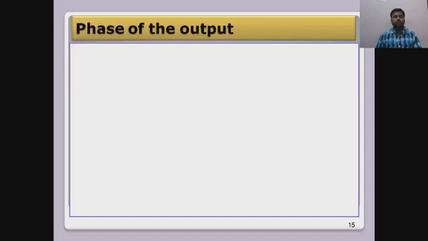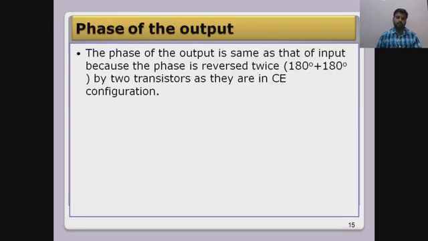Now what is the phase of the output of this two stage RC coupled amplifier? The phase of the output is the same as that of the input. If you observe the first single stage transistor amplifier, it is 180 degrees out of phase. But in the two stage RC coupled amplifier, it is the same.